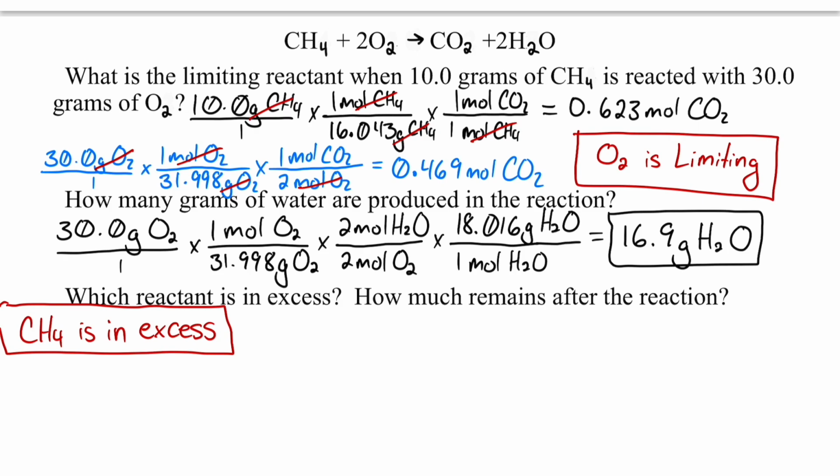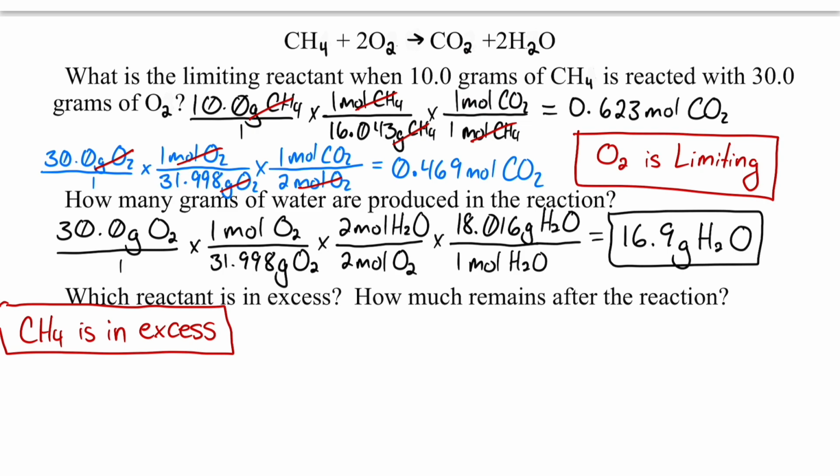Only the limiting reactant gets completely used up in the reaction. So to figure out how much methane is left over after the reaction, we first need to figure out how much of it reacted. Once we know how much of it reacted or used up in the original reaction, we can subtract that from the original amount.